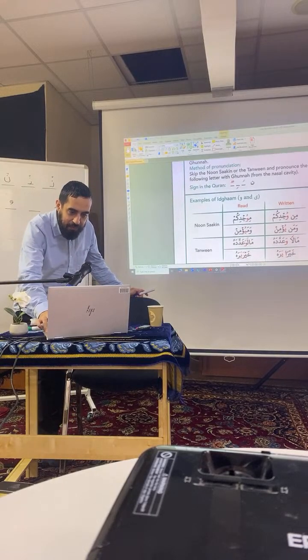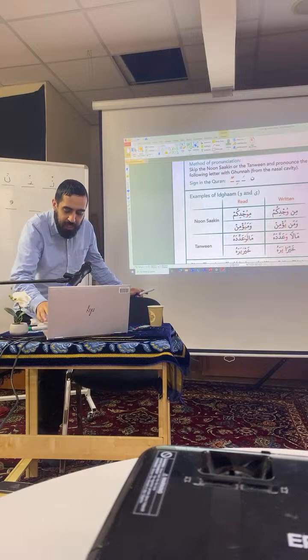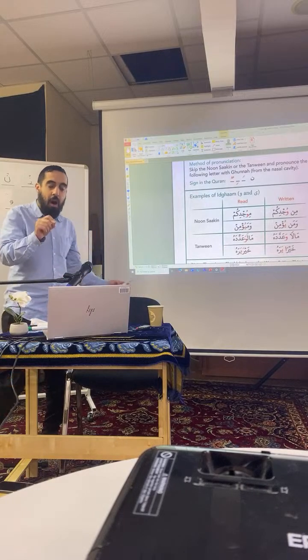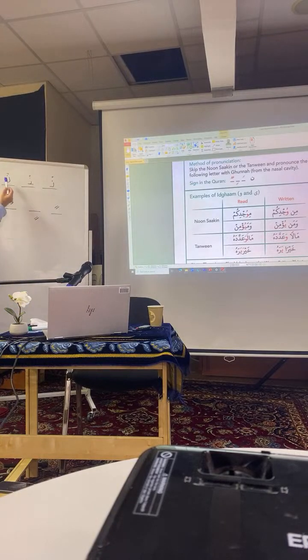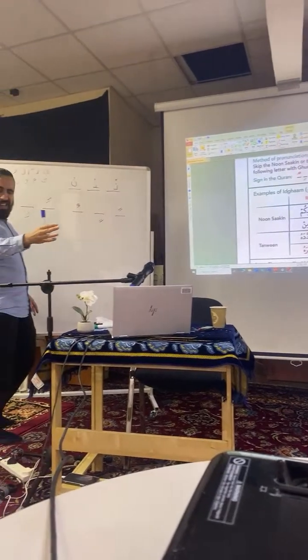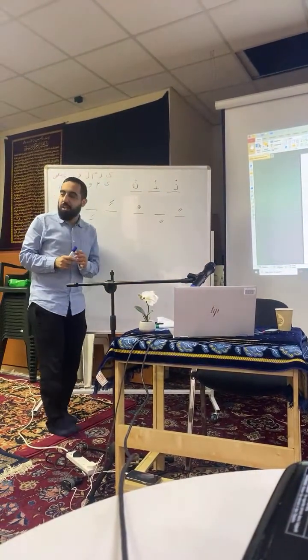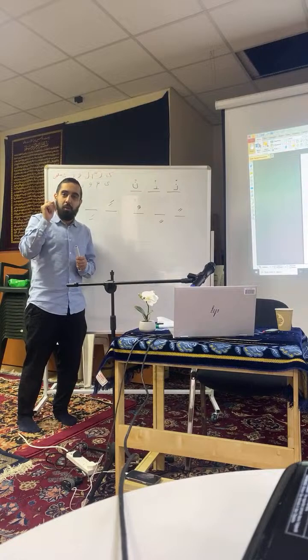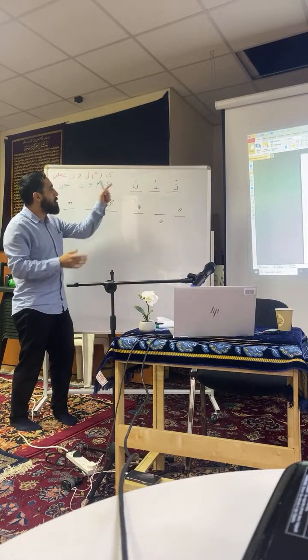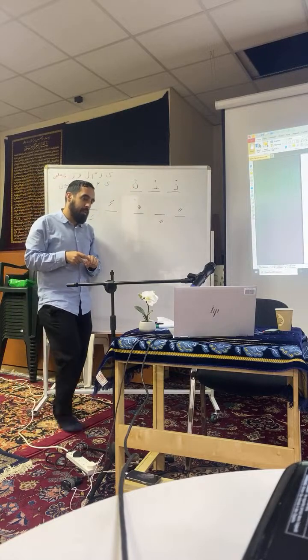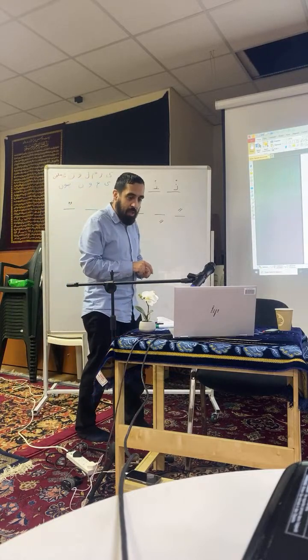Okay, so the main difference between this and idhar, which was the first rule, like we mentioned, is that idhar has the sakin symbol. In idgham, you don't actually see that sakin. If you look at the Quran, you don't see that sakin on top of the noon.